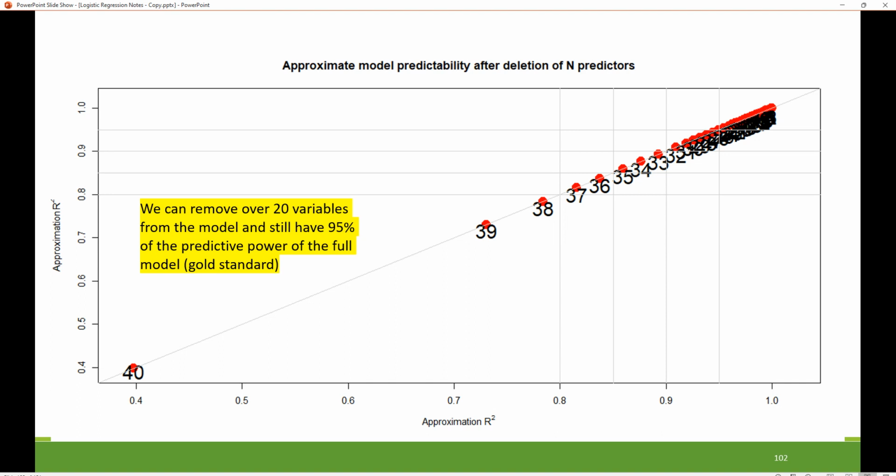So even though we have a really big sample size, we still have a chance for overfitting.